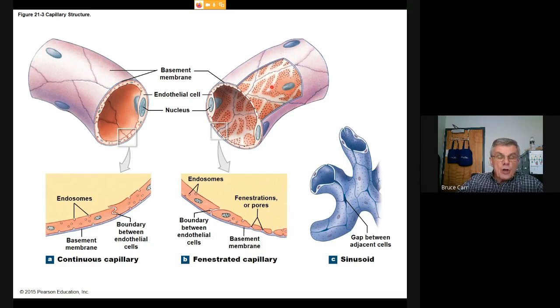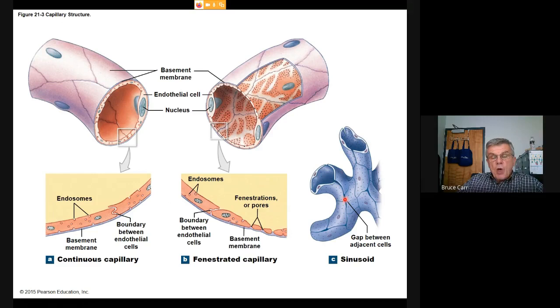This is a feature common in the endocrine system. When you dump a hormone from the pituitary gland, you want it into the blood and around the body as quickly as possible. And that's where we find fenestrated capillaries. We also, in the regions of major glands, find this third type, the sinusoid, very convoluted. Look at all this surface area. And in addition to the fenestrations, you see actual gaps between adjacent cells.